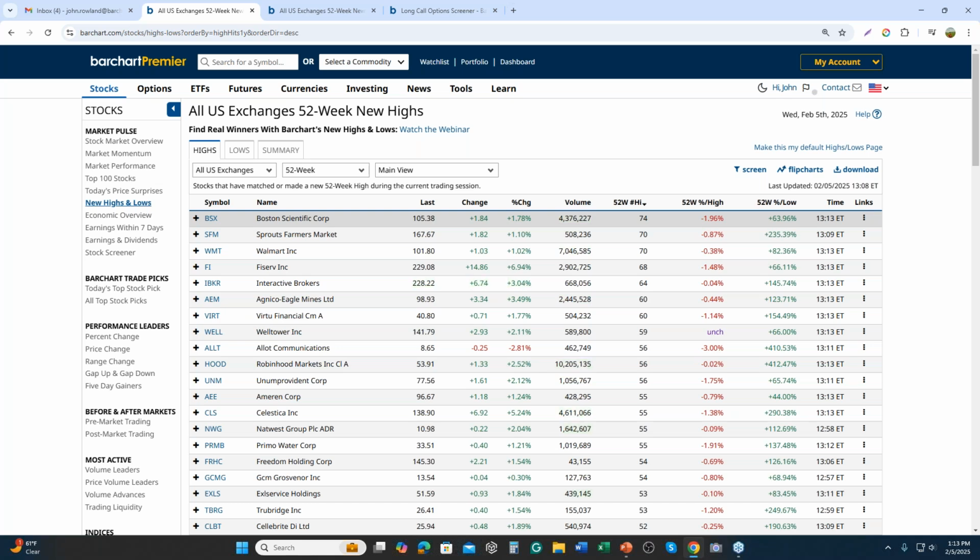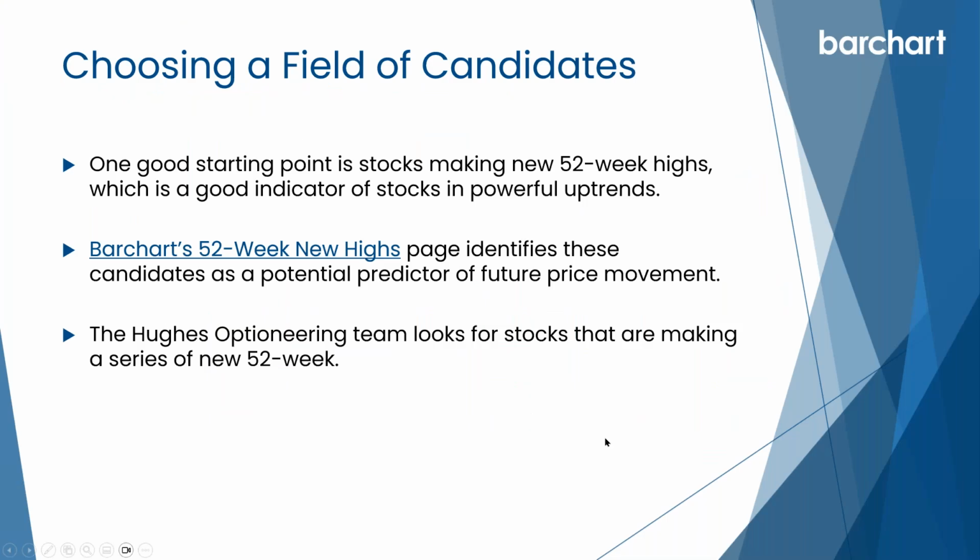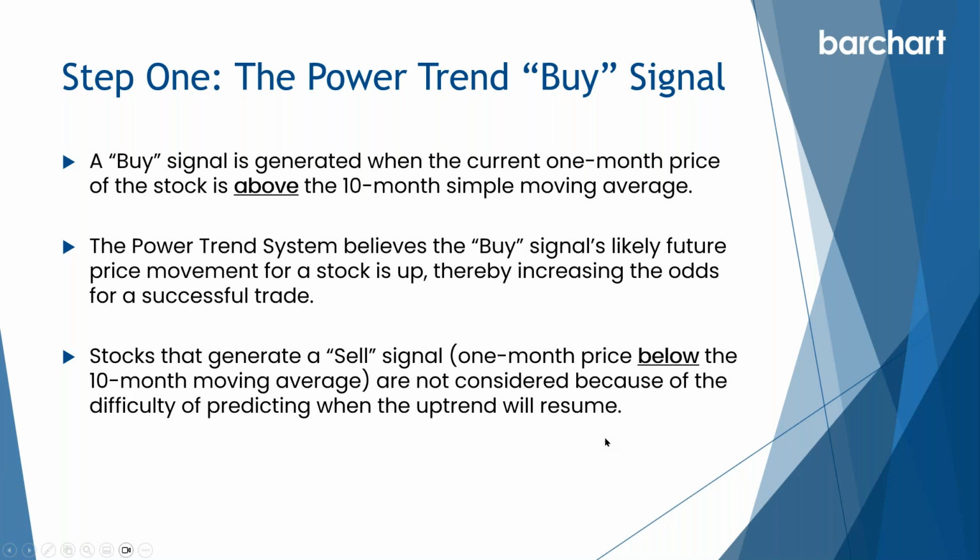So again, maybe not one new 52-week high, but a series of 52-week highs. Where do you really get juiced up, at 10, 15, 20 new 52-week highs? Yep, 10, 15, 20. We'll have it on the list, and then of course we wait for it to pull back, which we'll talk about in a minute.